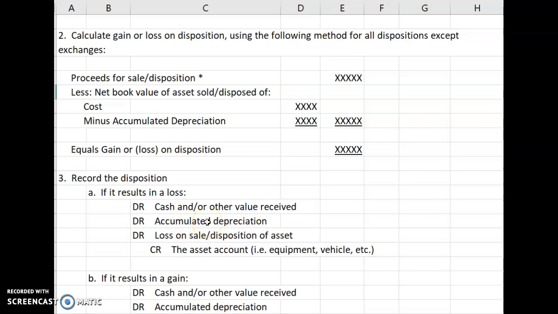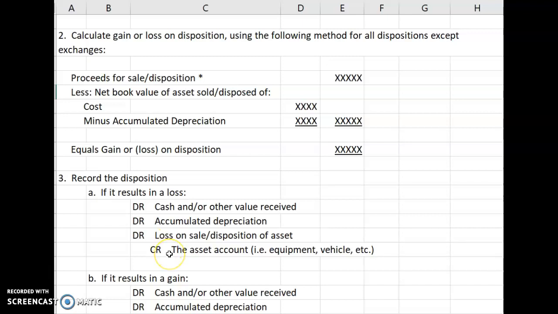Accumulated depreciation is a contra asset account with a normal credit balance, so to get it off the books, you have to debit that account. So next, debit accumulated depreciation. Then debit an income statement account. It would be called something like loss on sale of plant assets.